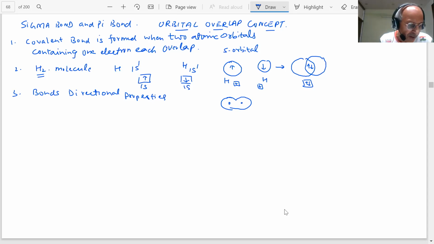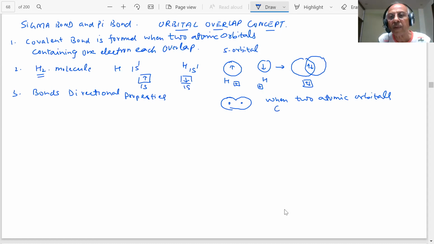This is the overlap of two s orbitals. We will learn this in another theory, which we call molecular orbital theory. When two atomic orbitals combine, two molecular orbitals are formed.